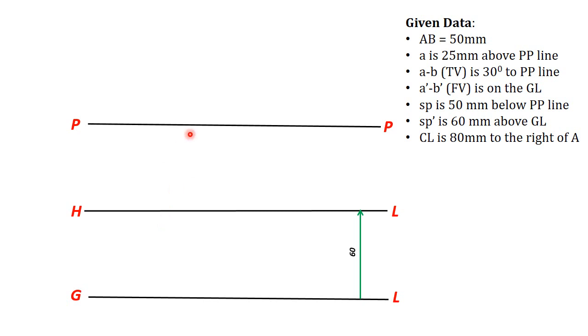That convenient distance should be more than this distance, 50 mm, because the station point is 50 mm in front of PP. It is given in the problem. So this distance between HL and PP line should be more than 50 mm.